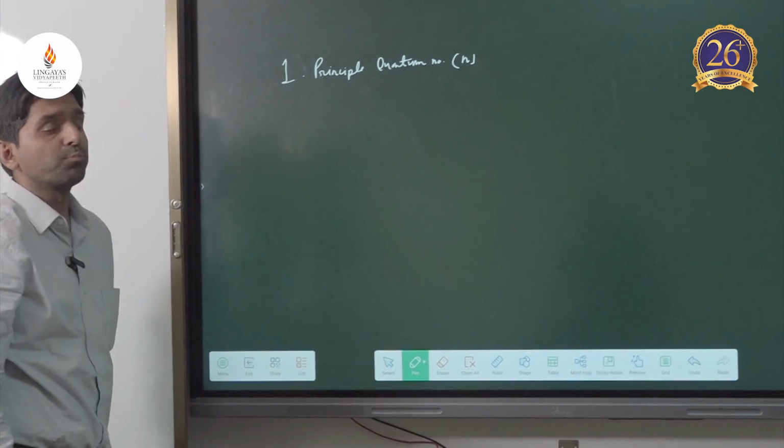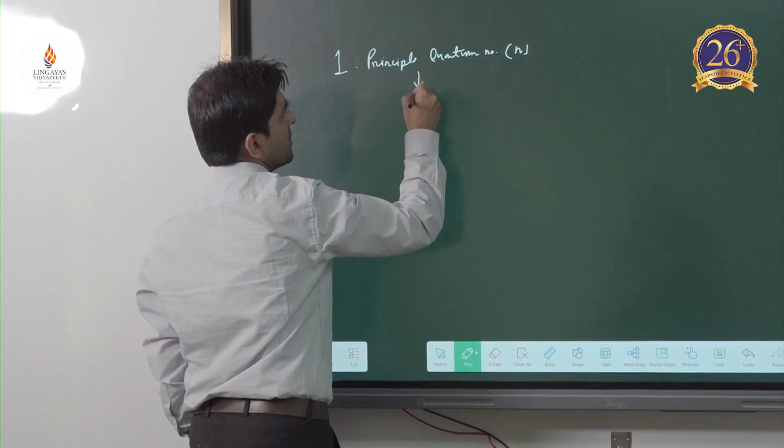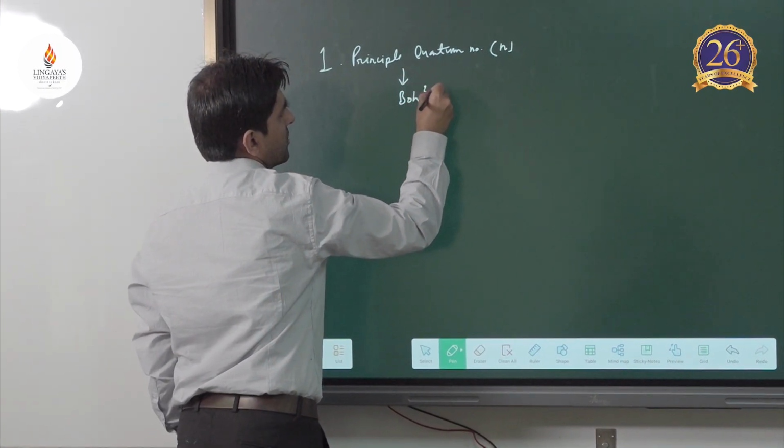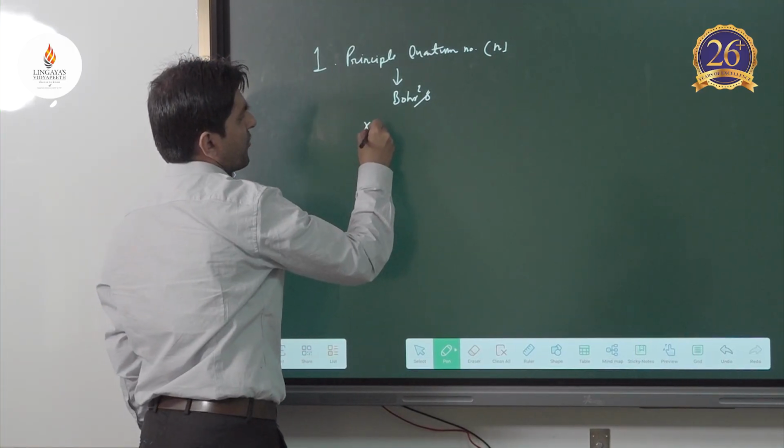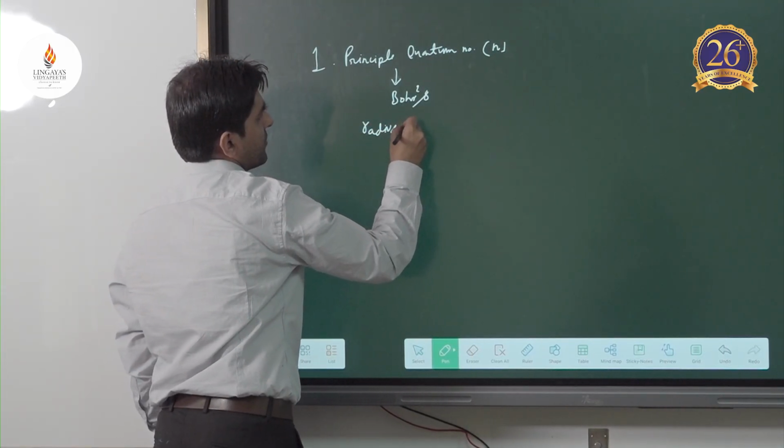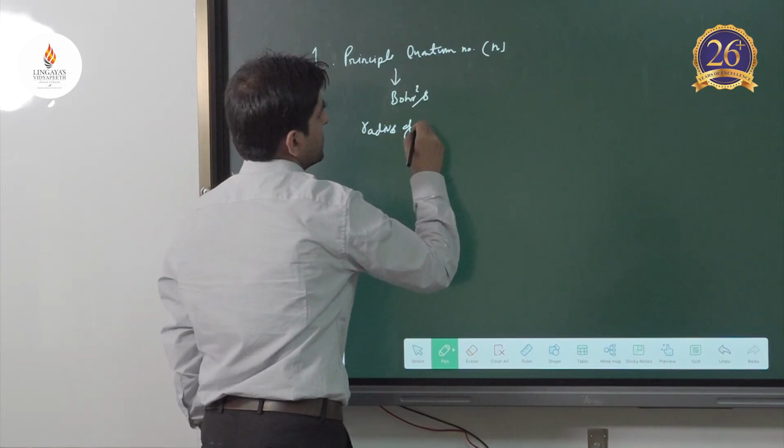It tells us about the theory. It is given by Bohr's, and it tells us about the radius of atomic nucleus.